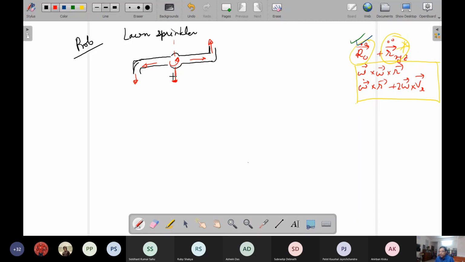This angular momentum flux gives rise to a rotational motion, and that creates the angular motion of the sprinkler. So it is like a spontaneous rotation because of this flux of angular momentum, and that makes the angular velocity dynamically vary. So you have to find out the angular velocity as a function of time. This is the physical problem that I have explained.